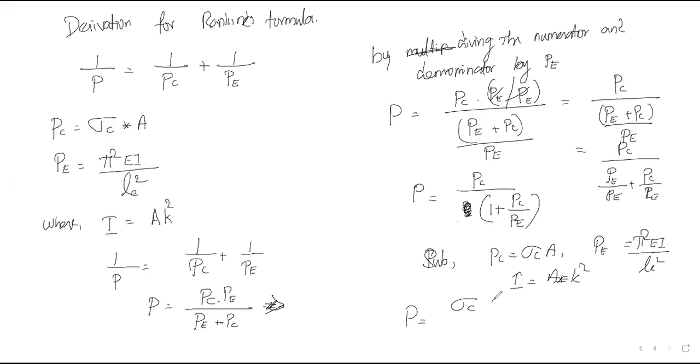So P is equal to sigma C into A divided by 1 plus sigma C A divided by pi squared E into A K squared divided by LE squared.